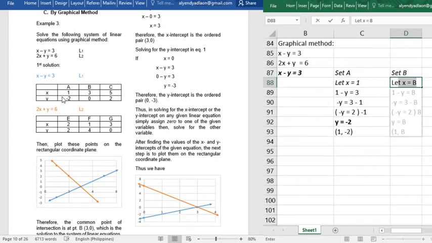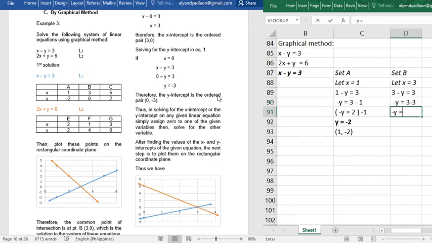Now next is for set B. For set B, we let x be 3. Now how are we gonna get y if x is 3? So we have 3 minus y equals 3, and then negative y equals 3 minus 3.